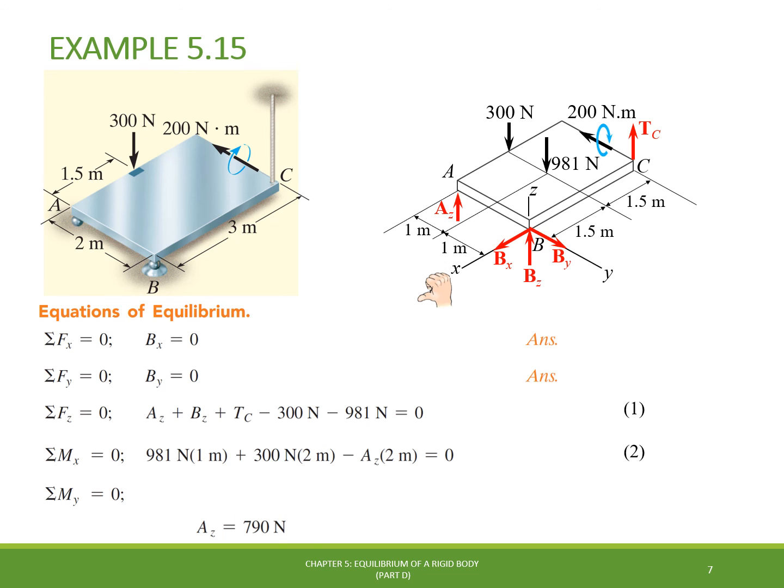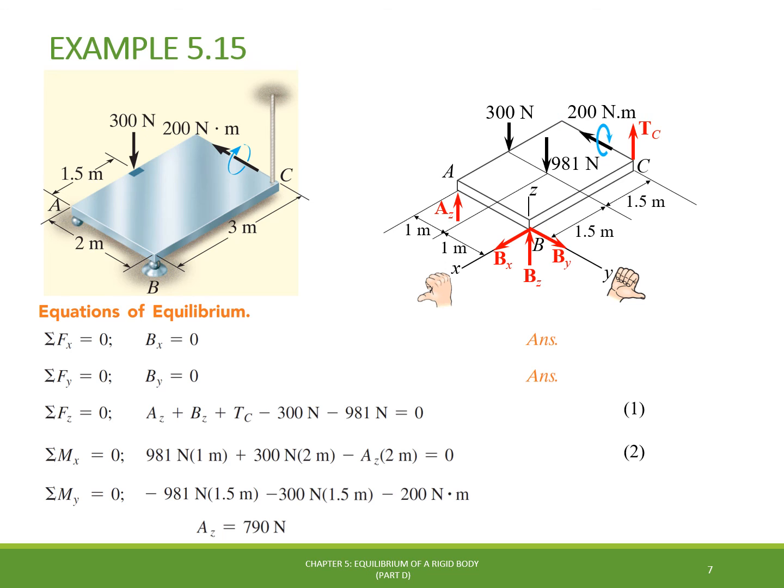The last equation we need can be taken from the summation of the moments about the y-axis being equal to 0, in which by following the right-hand rule for this axis, we have that the weight of the plate with the 1.5 meter moment arm generates a negative moment. The applied 300 newtons force with the 1.5 meters moment arm also generates a negative moment.